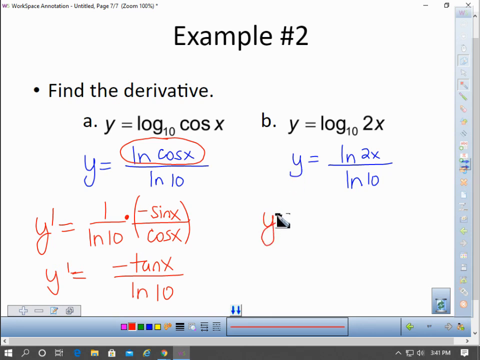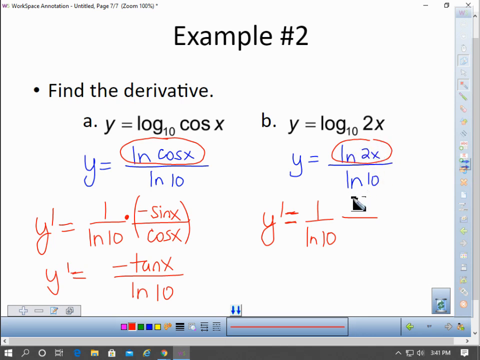All right, over here, taking my derivative. Again, this natural log of 10 in the bottom, that is a number, so that's a coefficient. So I have 1 over the natural log of 10, so that's just my coefficient that I'm going to keep when I'm taking my derivative. And all I need to do is take the derivative of ln of 2x. And we know how to take the derivative of natural log.